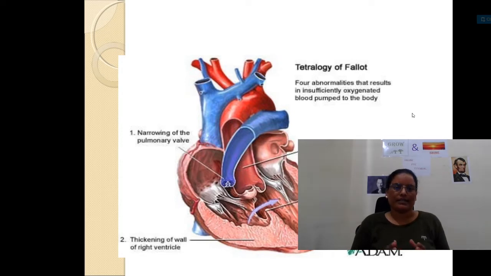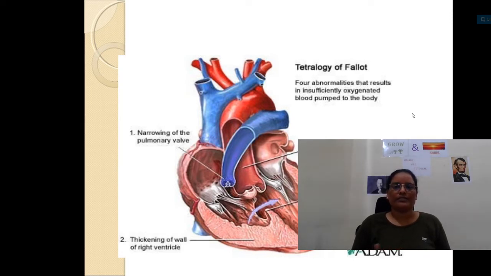Then the right ventricle tries to flow the blood into the narrow valve, and because this happens again and again, the muscles of the right ventricle become hard. That's why right ventricular hypertrophy occurs. Hypertrophy means the muscles of the right ventricle are overworked, and due to that they become hard.